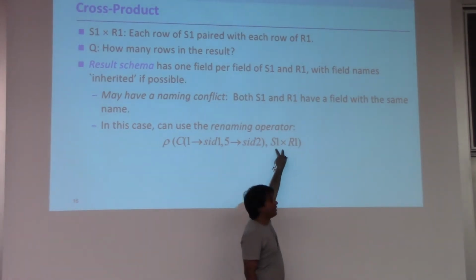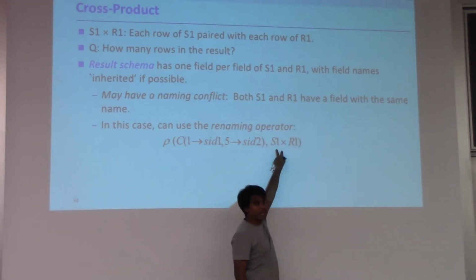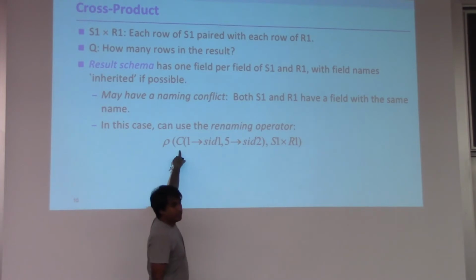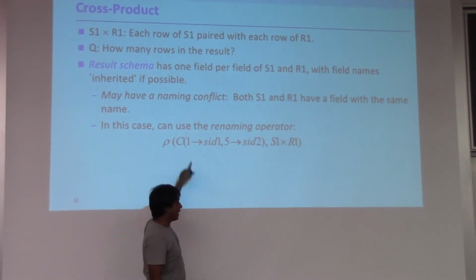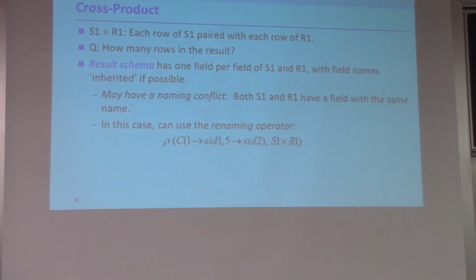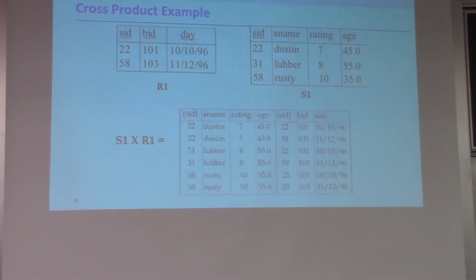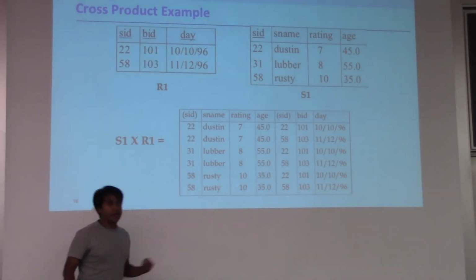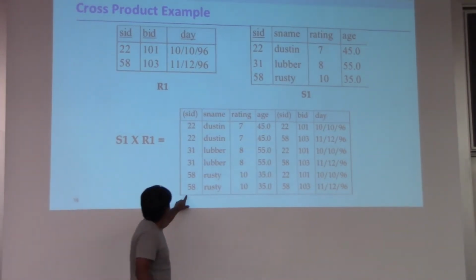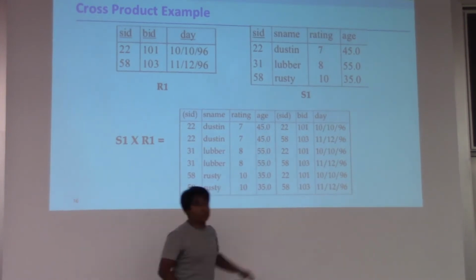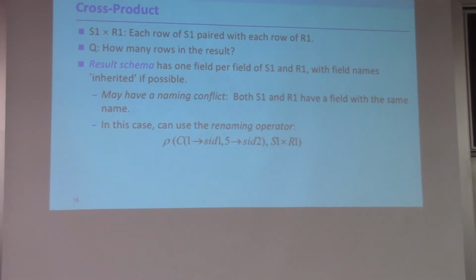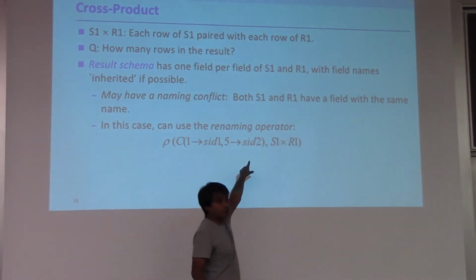This is the actual relational algebra expression that we want to rename, and we rename it to C. The relational instance that we have outputted is C. If you see this 1 and 5, they have been renamed to SID 1 and SID 2.